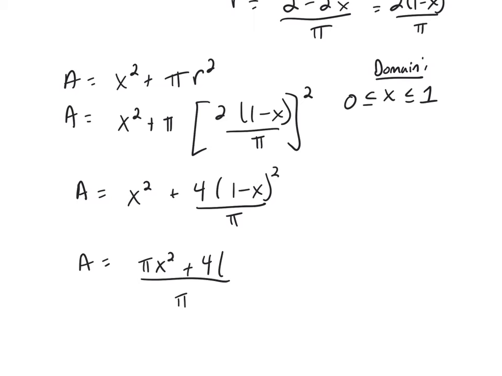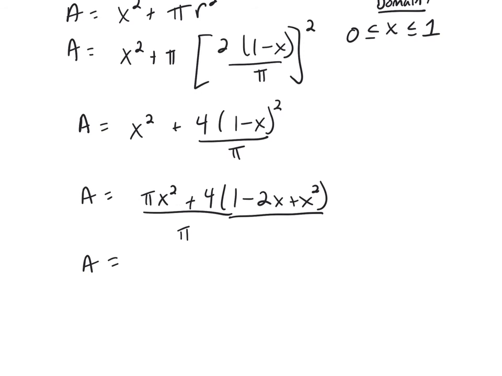And then if I square that, if I FOIL it out, so A would be 1 over pi times pi plus 4 x squared minus 8x plus 4.